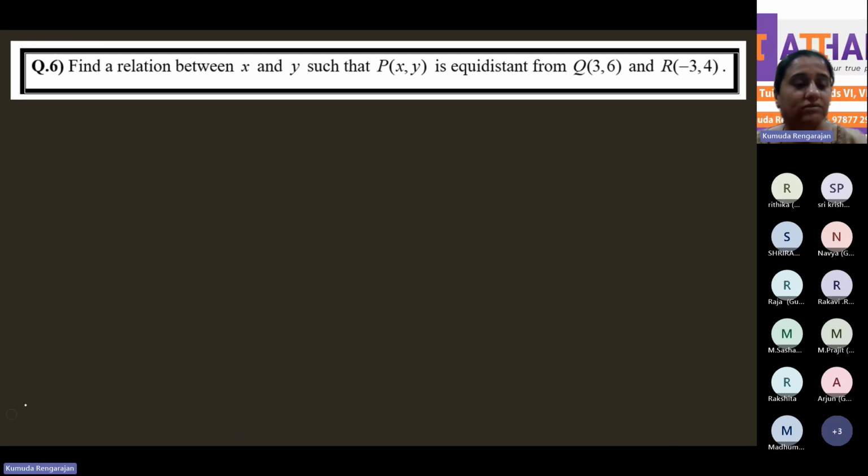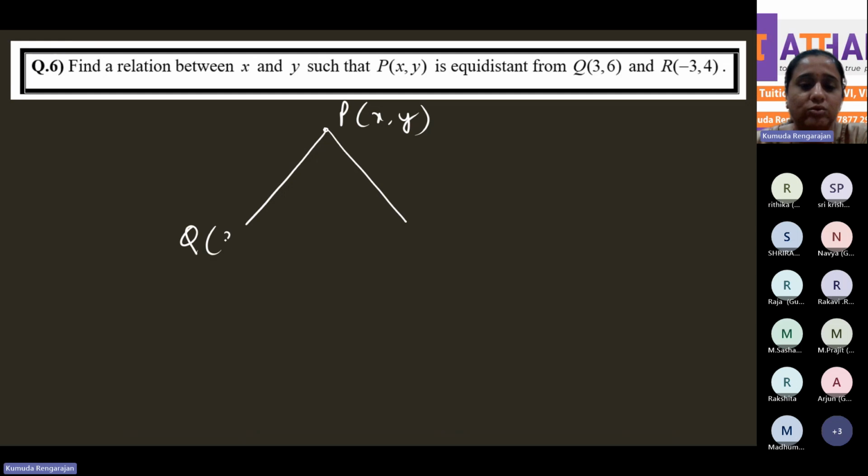So in this question, find the relation between X and Y such that P(X, Y) is equidistant from Q and R. So point P given by the address X comma Y is equidistant from Q and R. Q is 3 comma 6, R is minus 3 comma 4.